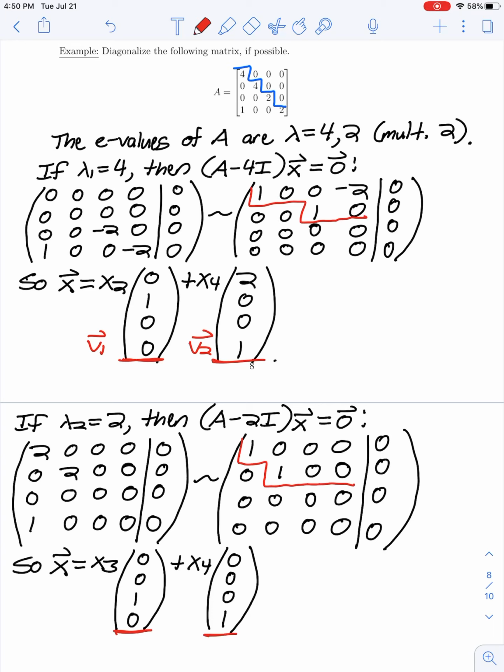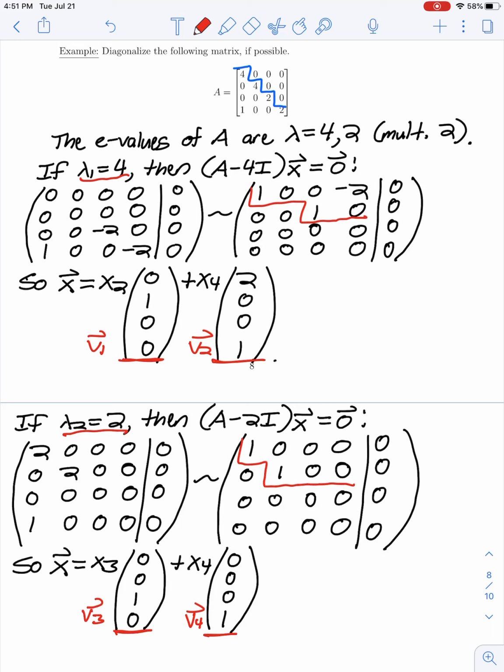So these 2 vectors, let's call them v3 and v4, are clearly linearly independent from one another, since one is not a scalar multiple of the other. And then the vectors v1 and v2 are linearly independent from v3 and v4 because the eigenvalues have different values, or they're distinct.